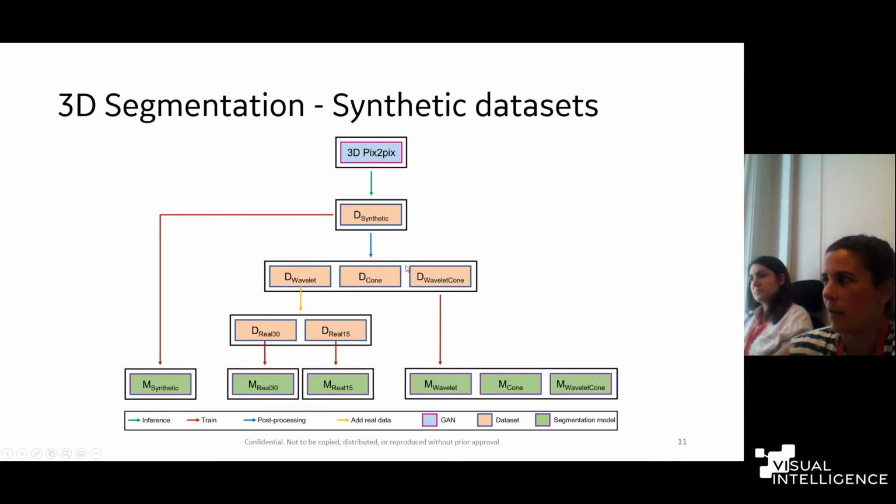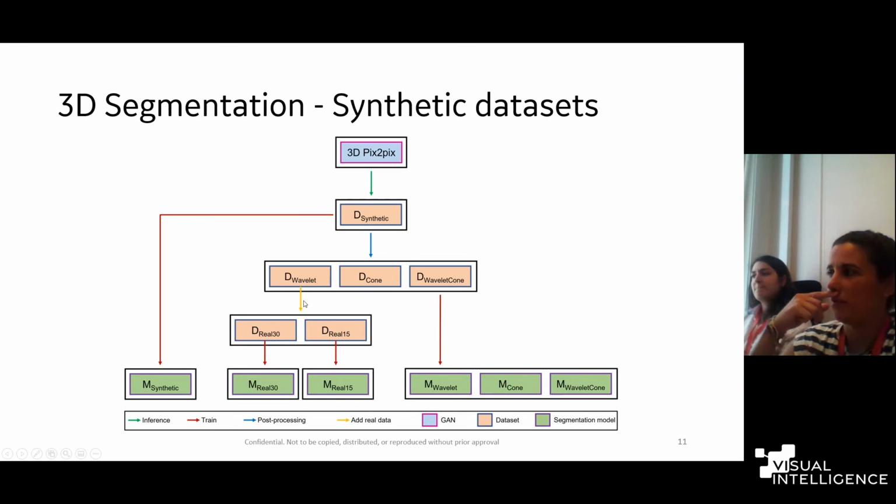But then I apply to this synthetic data set the different post-processing operations to evaluate to which point these operations actually influence the final outcome when it comes to segmentation of the left ventricle, the left atrium, and the myocardium. And with these 3 other data sets, I trained another 3 segmentation models.